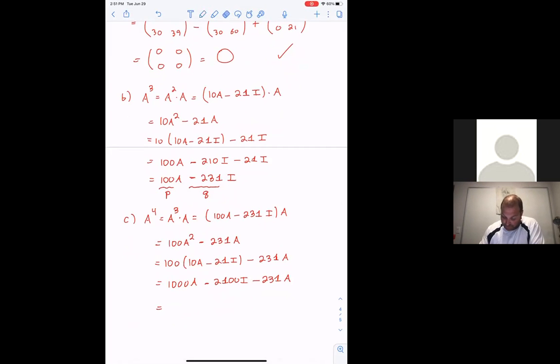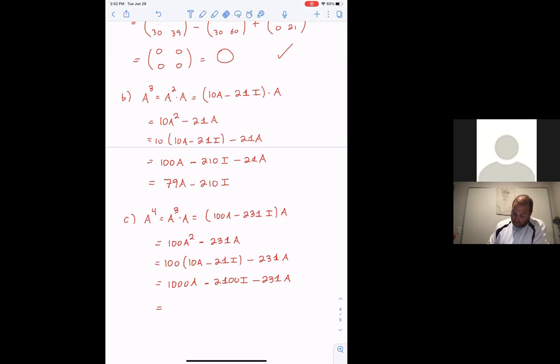Looking back, 10A squared minus 21, not 21A, but 21I. I've got to go back and fix these. Hopefully you caught them and you were like, what's this guy doing? Let's fix these. So 100A minus 21A is 79A, minus 210I. So that's my P and my Q.